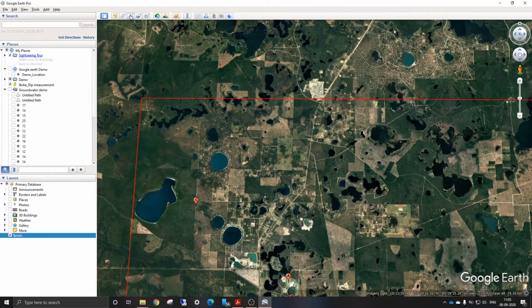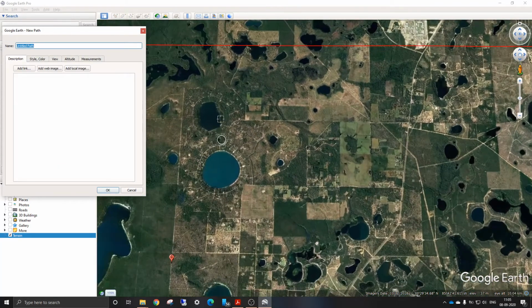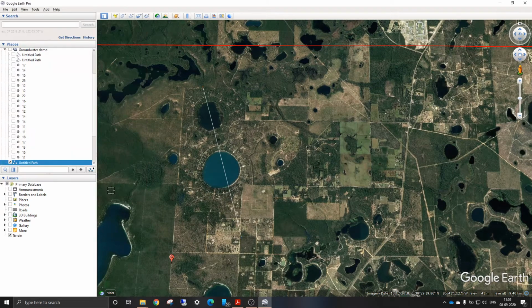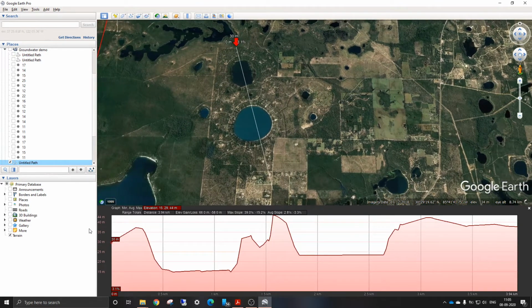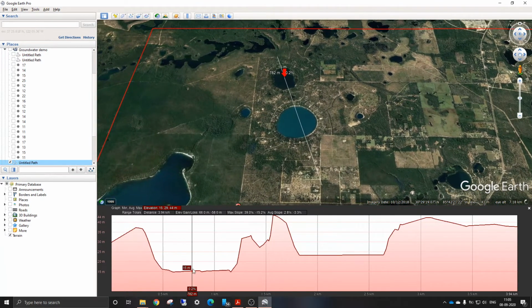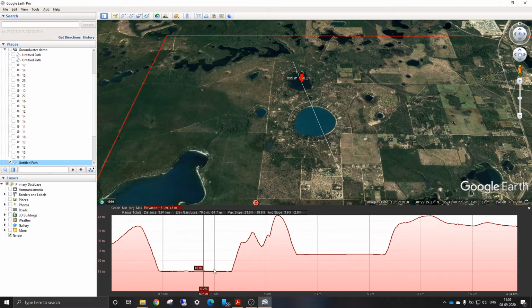So let's say I'm drawing a profile here. Now I will right click it and go to show elevation profile. So now as you can see here, how the elevation is changing.